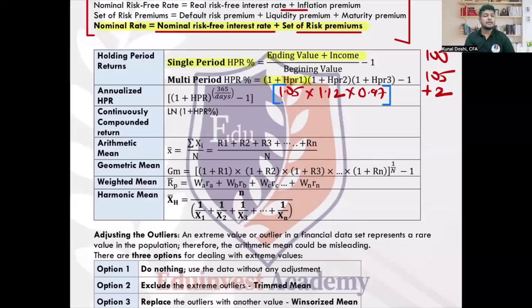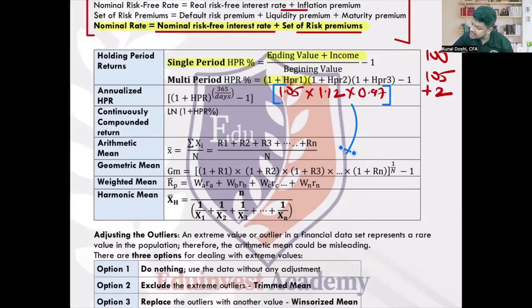Okay, holding period, short form HPR. Single period: ending plus income, divide by beginning, minus 1. Multiple period: you compound it. Now, this is very much similar to something that is called geometric mean. Yes. Now, what is the only difference in geometric mean? We do the same thing, but we average it. And how do we average it?